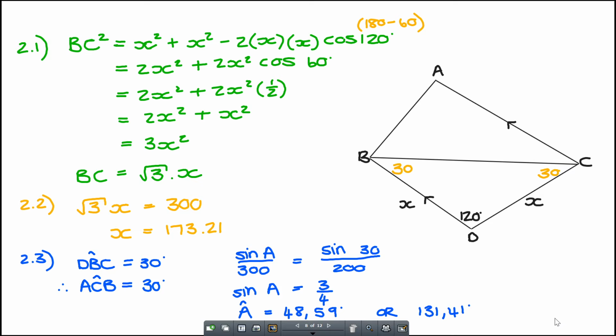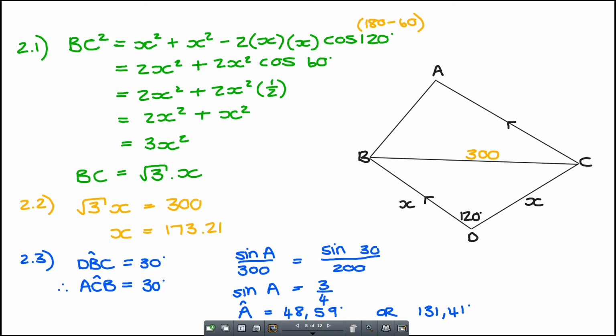Okay, wag, kom ons kyk gou. Onthou, daar's baie keer multiple ways of getting to the same answers. 2.2 sê vir jou as BC 300 meter is 300. Nee? Then they want you to determine the value of x.